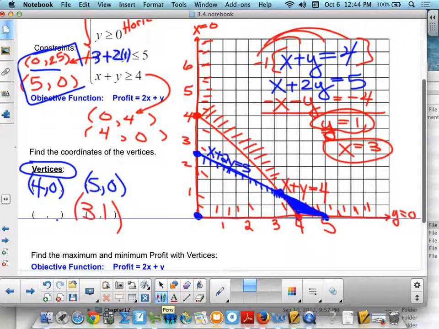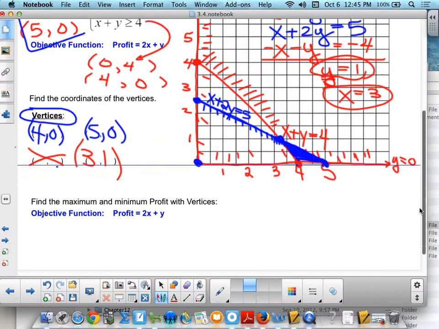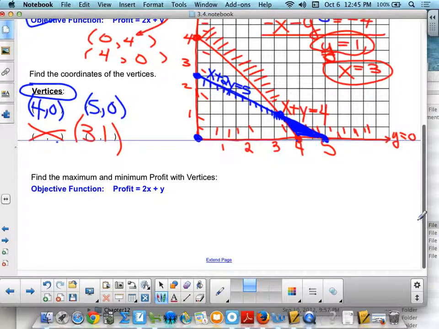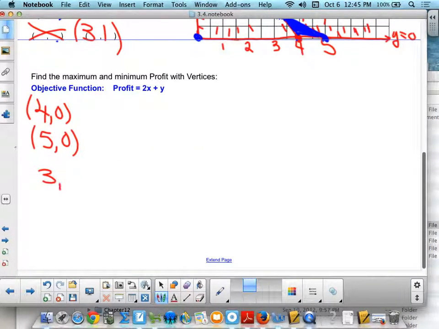3, 1. Hey, where's the other vertex? There, yeah, I made a mistake when I wrote the notes. There's only 3 vertices. Okay, let's go maximize your profit or minimize your profit and see where it's at. So what are they? 4, 0, 5, 0, and 3, 1. Profit formula.